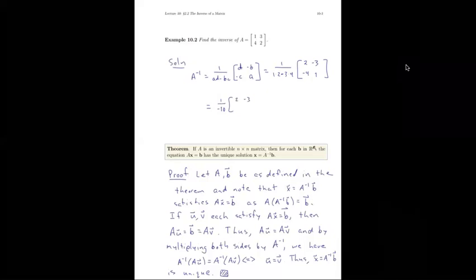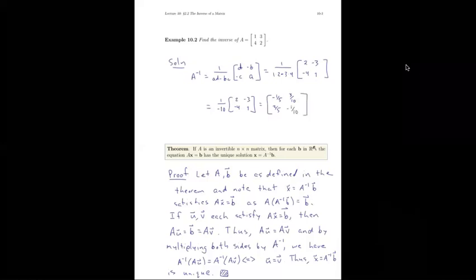This is a reasonable way to write it, but we should probably take it all the way into just a 2 by 2 matrix and not a scalar multiple times the matrix. We'll have negative 1/5 for 2 over negative 10, 3/10. Moving along the rows, 4/10 is 2/5, and negative 1/10.